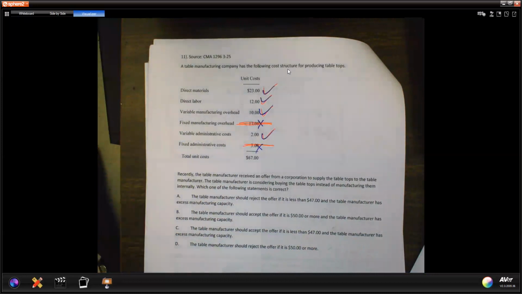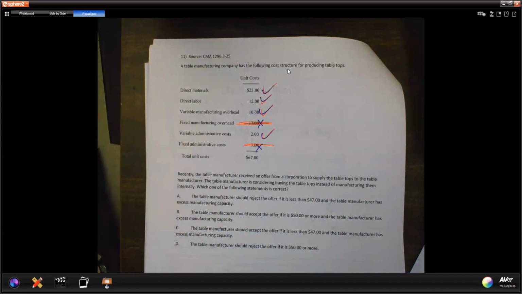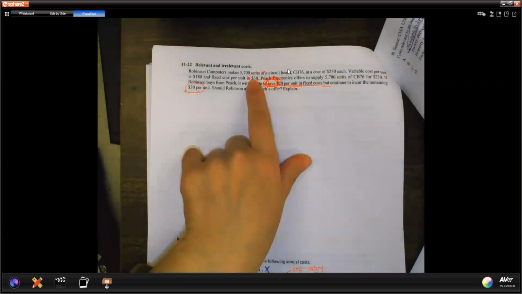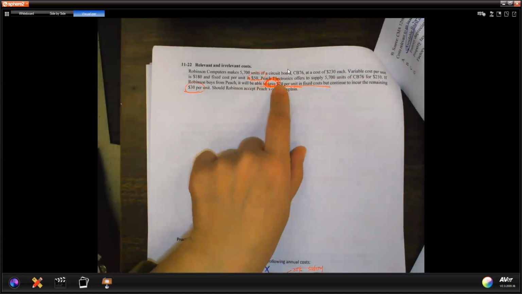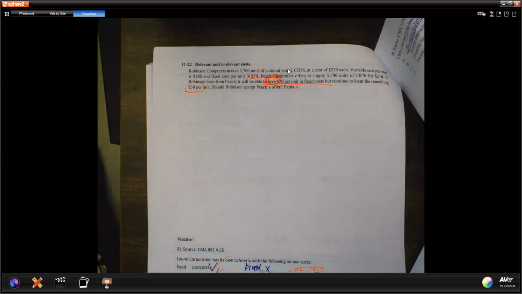If the question doesn't give any specific information, we can make the assumption for that specific question. But you cannot go around telling people all the fixed costs are irrelevant or all the variable costs are relevant. If the question tells you that out of the fixed, 20 will be relevant and 30 will be irrelevant, then you follow the question. But if the question doesn't say anything, you can make a specific assumption for that question.